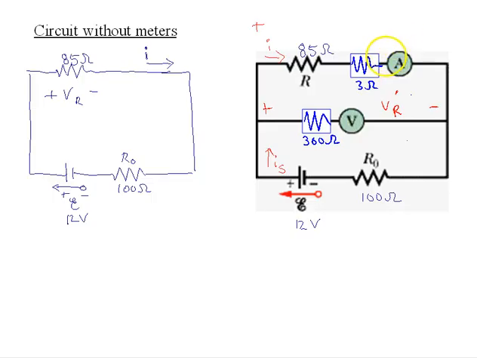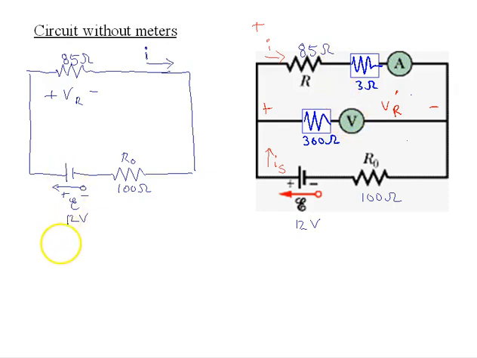So we need to represent the internal resistance of the ammeter and the internal resistance of the voltmeter in our circuit. So here we've separated them from the ammeter itself and shown the 3 ohms of the ammeter in series with the ammeter, the 300 ohms of the voltmeter in series with the voltmeter. And now we want to compare.